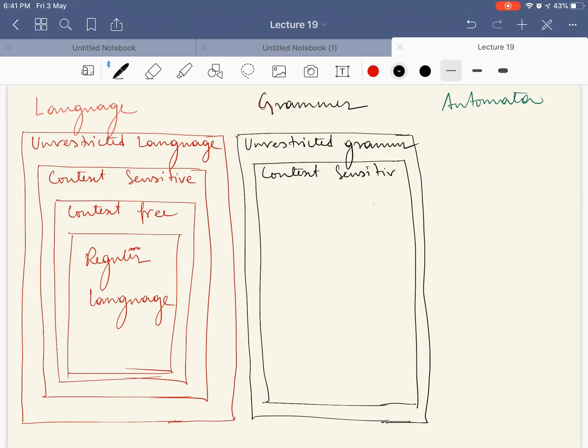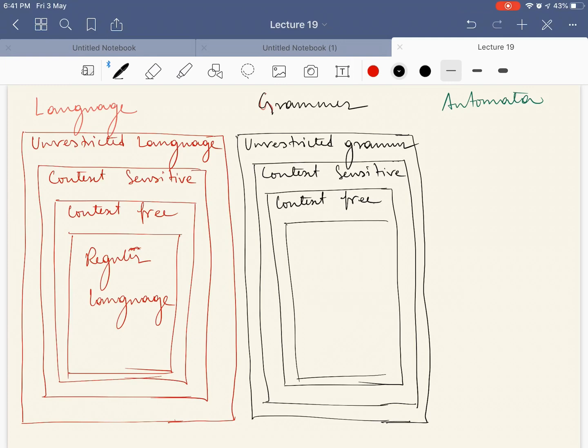The grammar corresponding to context sensitive language is called context sensitive grammar. And then context free grammar, then regular grammar.